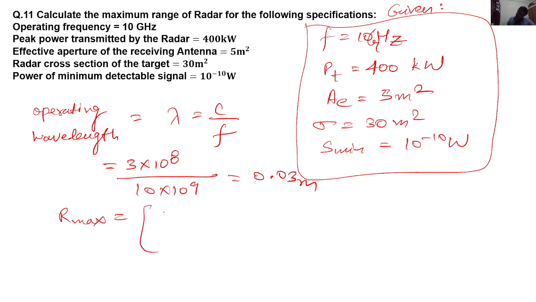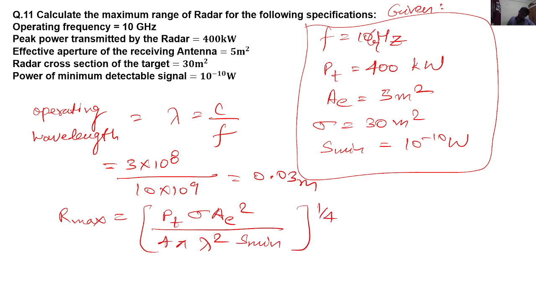Then R max equal to PT sigma AE square by 4 pi lambda square S min, power 1 by 4.